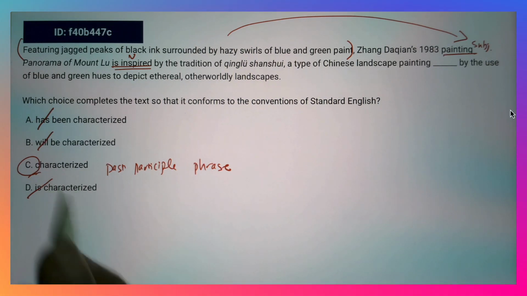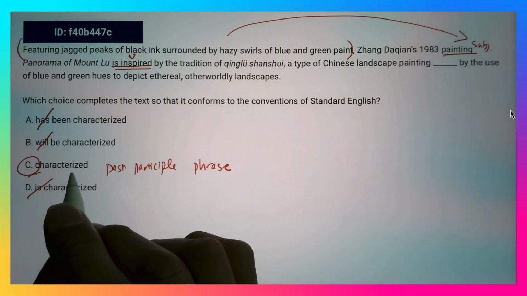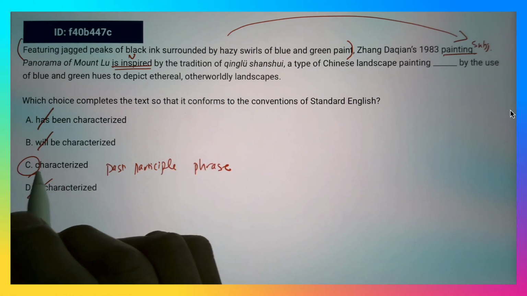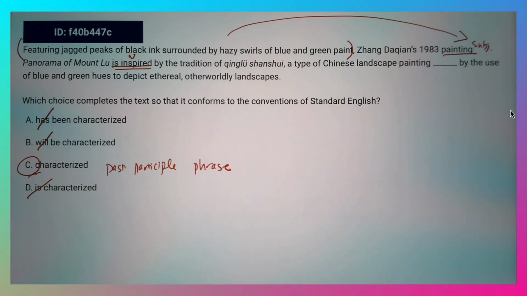Or you can also add like the landscape painting that is characterized, but it's better to make it concise by dropping the words that is, so it becomes just painting characterized by the use of blue and green hues. Again, this way you avoid having multiple verbs that don't associate with the subject.